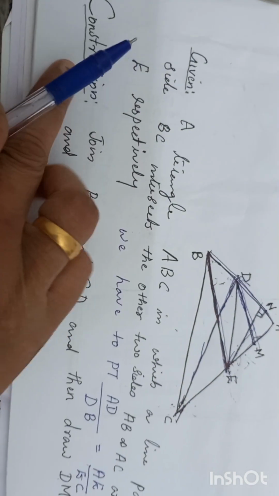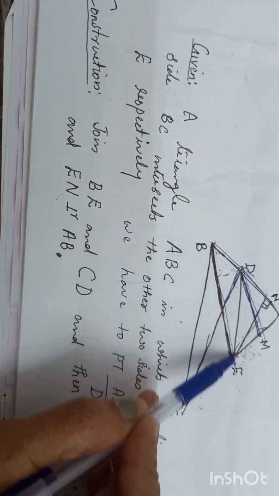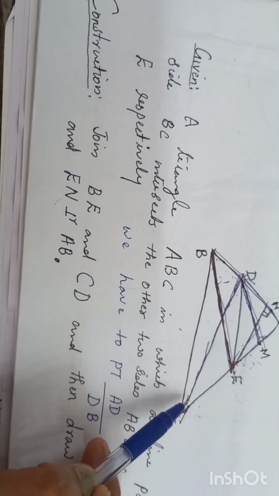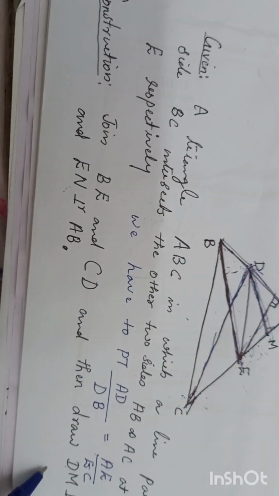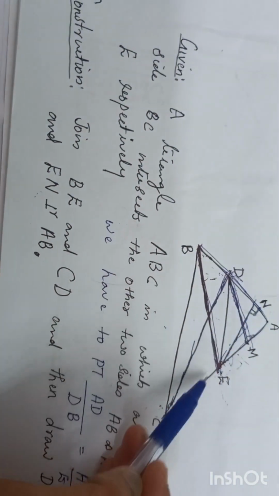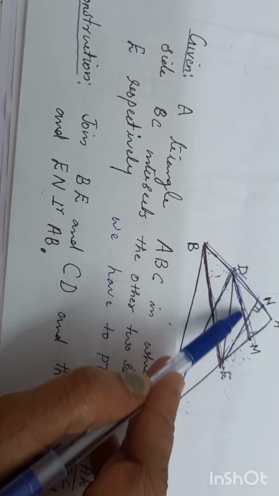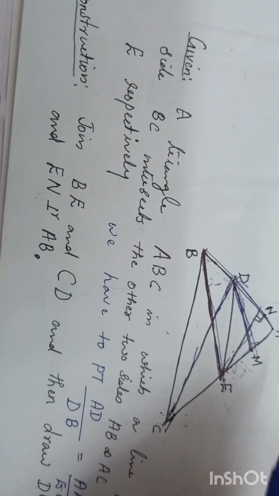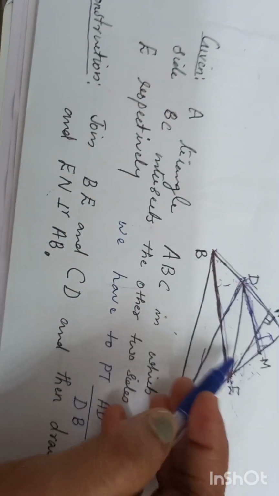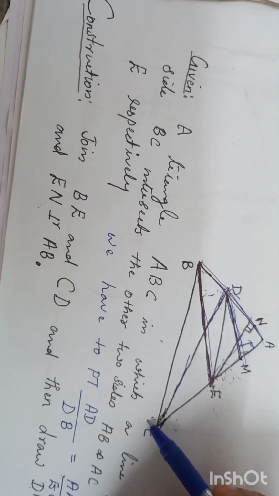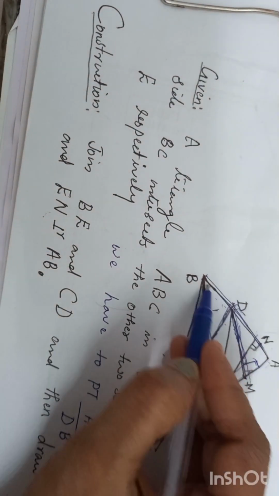Then next construction, join BE and CD, and then draw DM perpendicular to AC and EN perpendicular to AB.